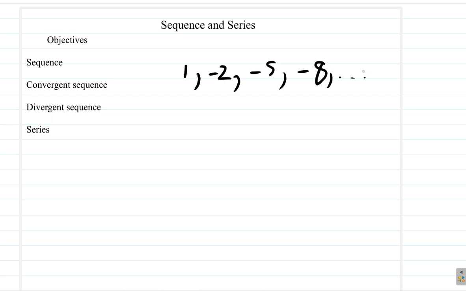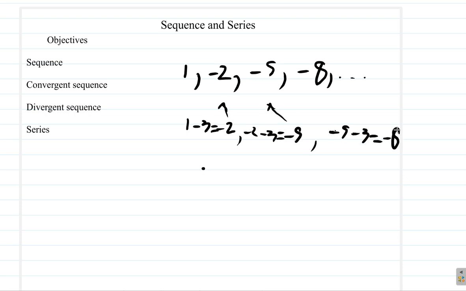What do you think you did to each number to generate the next number? Well, it seems as if 1 minus 3 gives you -2, right? -2 minus 3 equals -5, and -5 minus 3 equals -8.